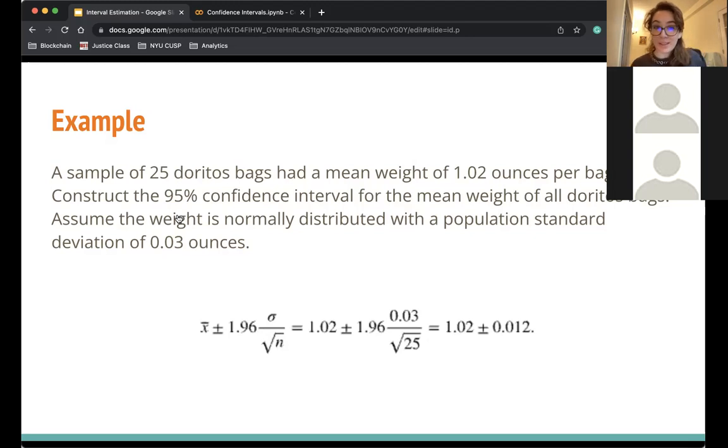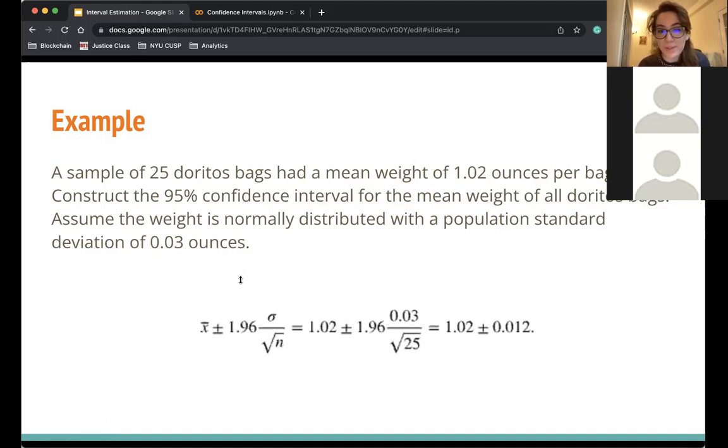We can now plug these values into the following equation, which we looked at in the last slide, to construct this 95% confidence interval. Because we're using that same area under the curve, we can use that same z-score value, which associates with the 0.025 area in both tails. So we can use 1.96 anytime we're doing a 95% confidence interval.